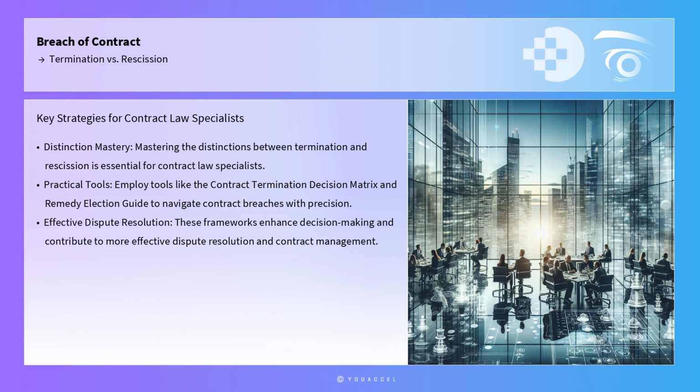These frameworks not only enhance decision-making, but also contribute to more effective dispute resolution and contract management. As the landscape of contract law continues to evolve, staying informed about these concepts and their applications will ensure that practitioners remain adept at safeguarding their clients' interests and achieving favorable outcomes in contractual disputes.